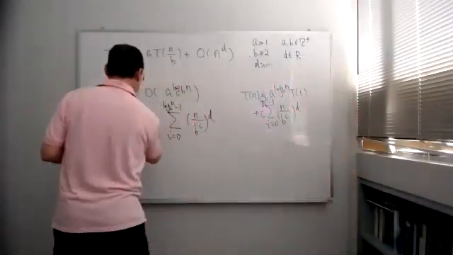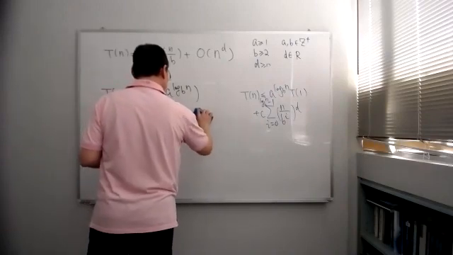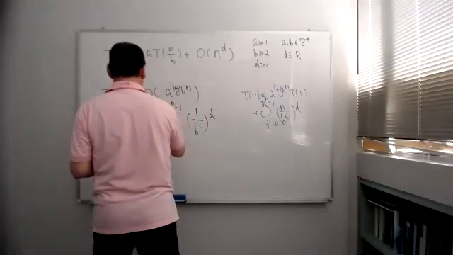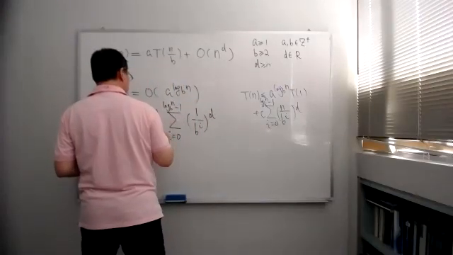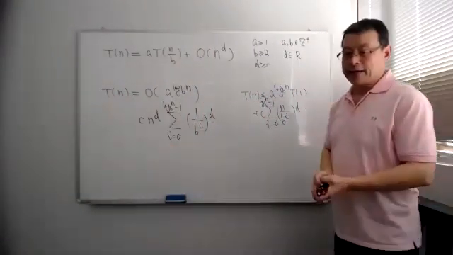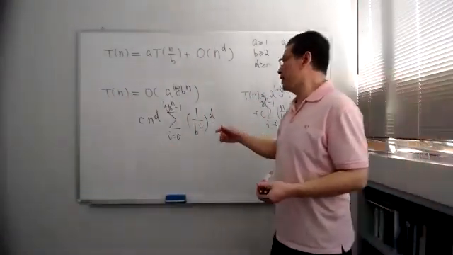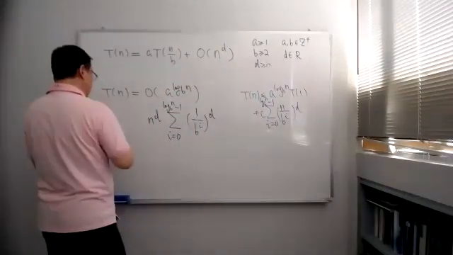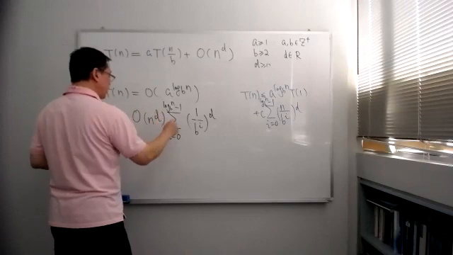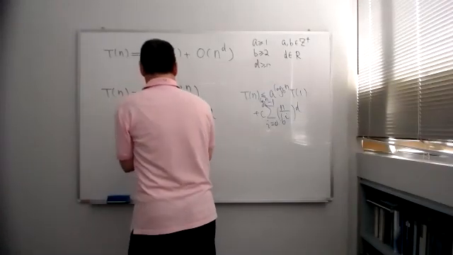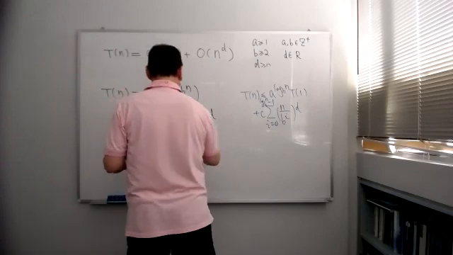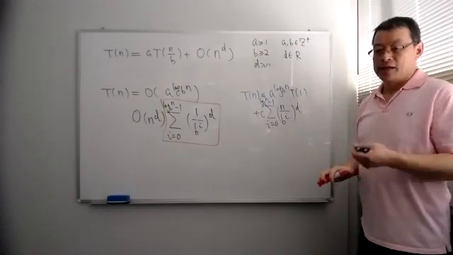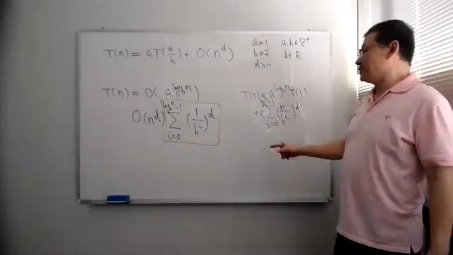So let me rewrite it. It can be rewritten in this way. Here, if you want to use big O notation, you can even change this one to big O of n^d and this one. Okay, so it really depends on this sum.